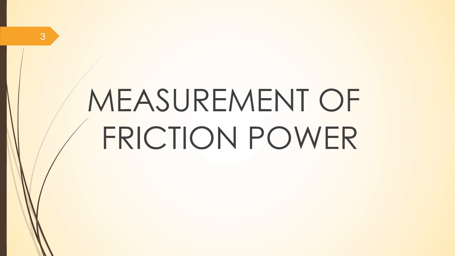In the previous video lecture we discussed different performance parameters and how to measure and calculate them. All this is available in the previous video, and the link is available in the description box. So today we will first discuss how to measure the friction power.